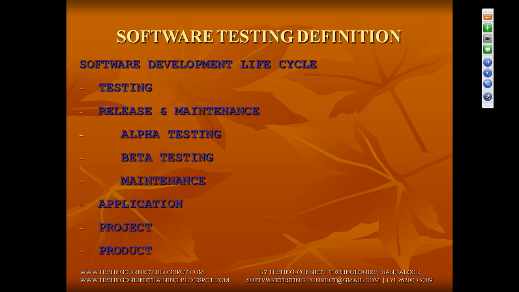So what is the exact difference between these three? In your IT industry, all the applications you are seeing, all the software you are seeing, each and everything you can consider as an application. Applications are divided into two types, project and product.